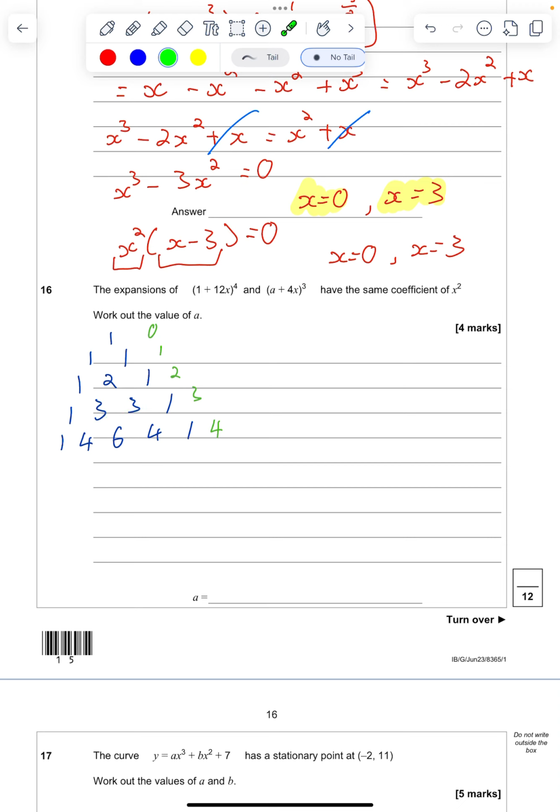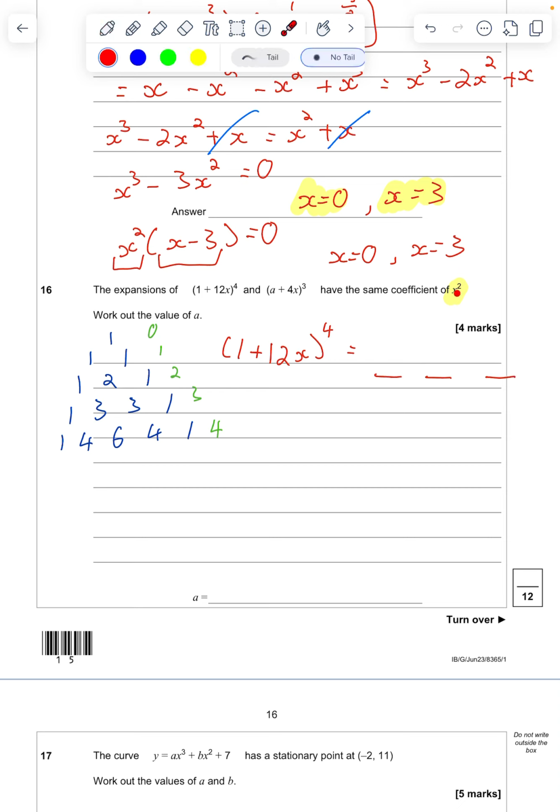Now if I look at the first bracket here, you've got 1 plus 12x to the power of 4. Now you only want where the power is x squared. Whenever you do this, there's always going to be 3 parts to it, but you only want where the power is going to be 2.